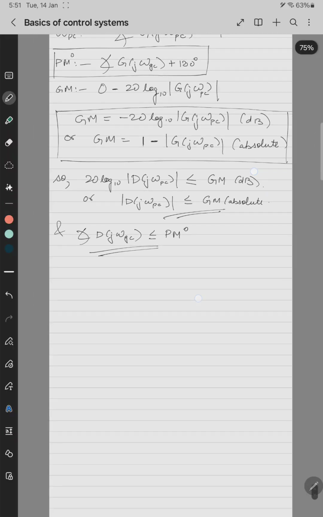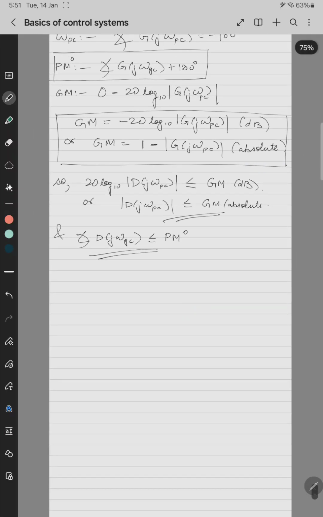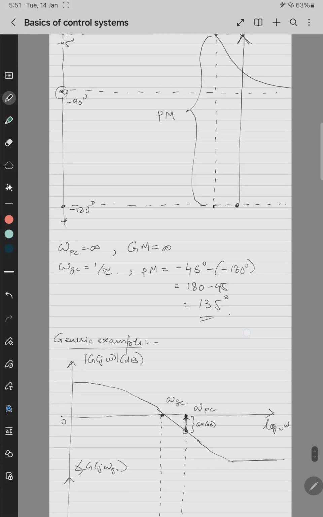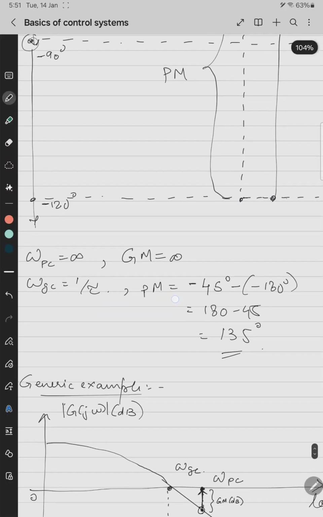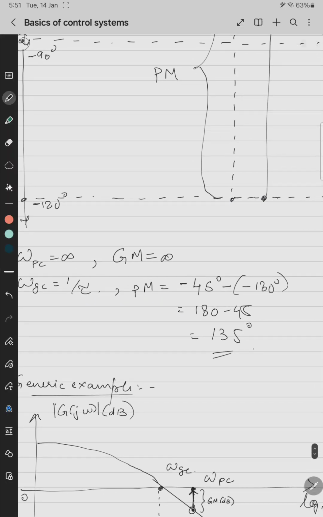Now one more thing: should we consider gain margin or phase margin or both while designing the controller? In this classical example of a first order plant, the phase crossover frequency is infinite, so gain margin is undefined.